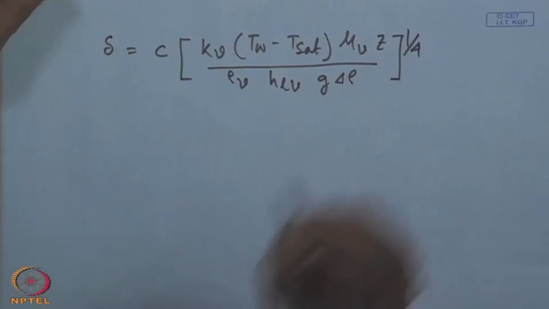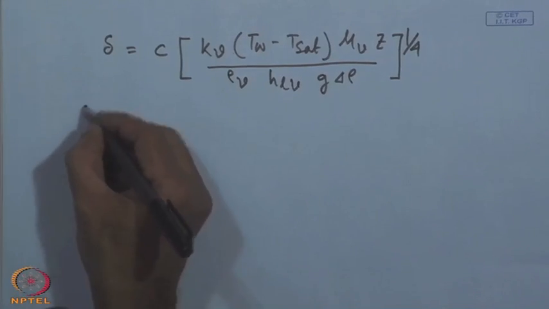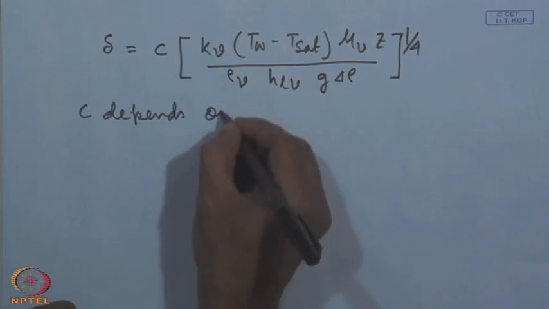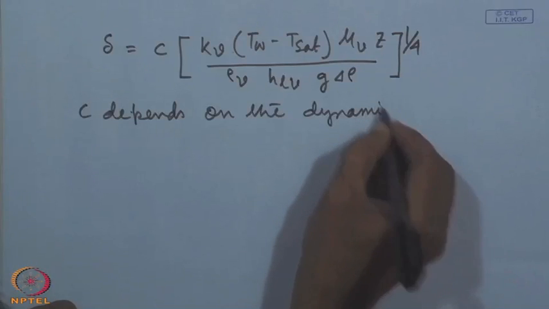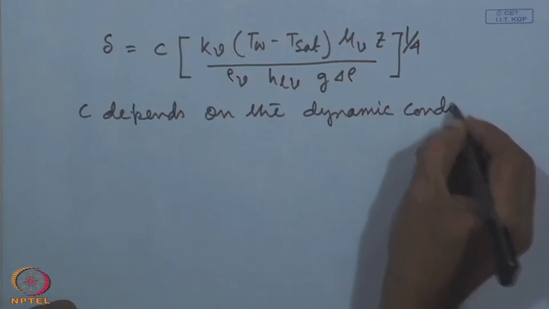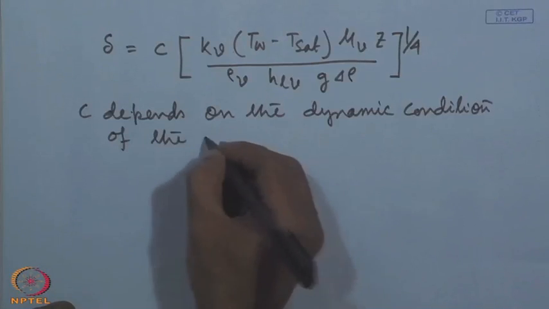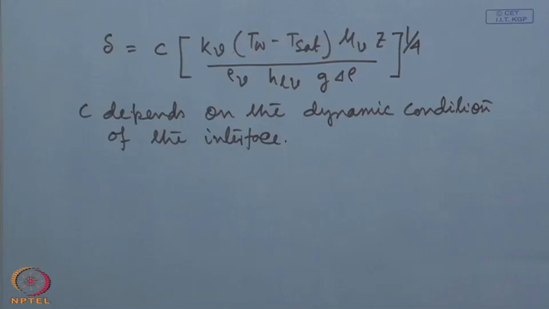This is the equation we can get, where C is a constant and C depends on the dynamic condition of the interface. So, we are getting delta as a function of z, and the other things of course are the fluid properties.